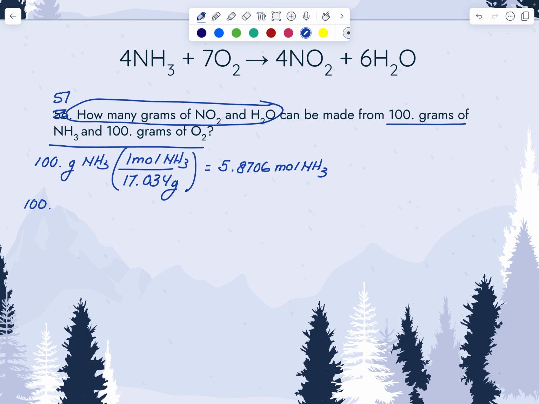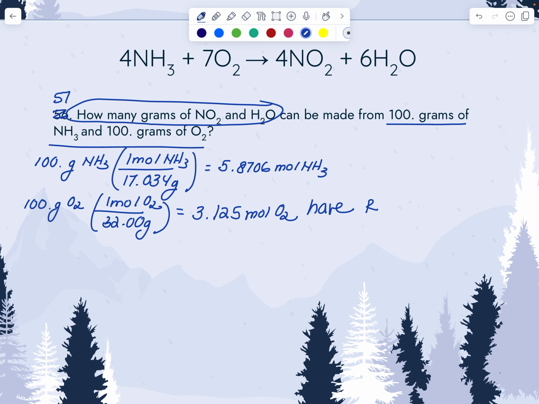How many moles of oxygen do I start with? Well, if I have 100 grams of oxygen, I know that 1 mole of oxygen has a molar mass of 32.00 grams, and so I will start with 3.125 moles of oxygen. This is how much I have. This is reactant 2 that I have. So that was step 1.